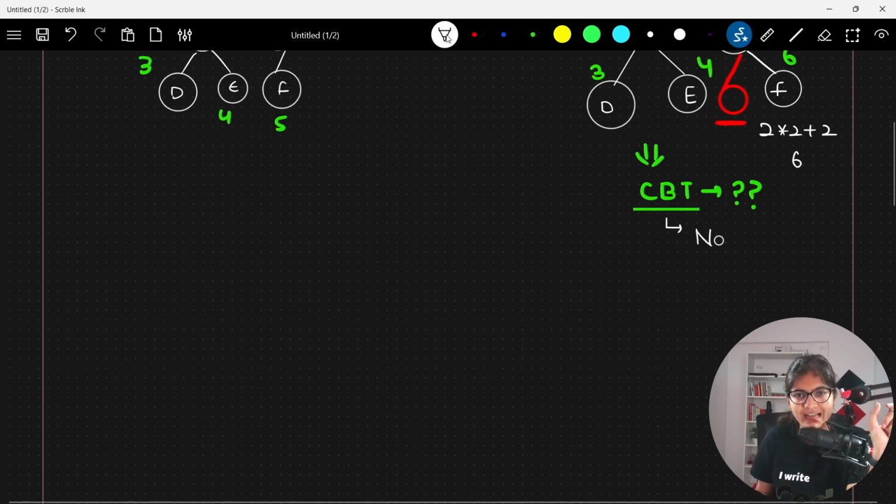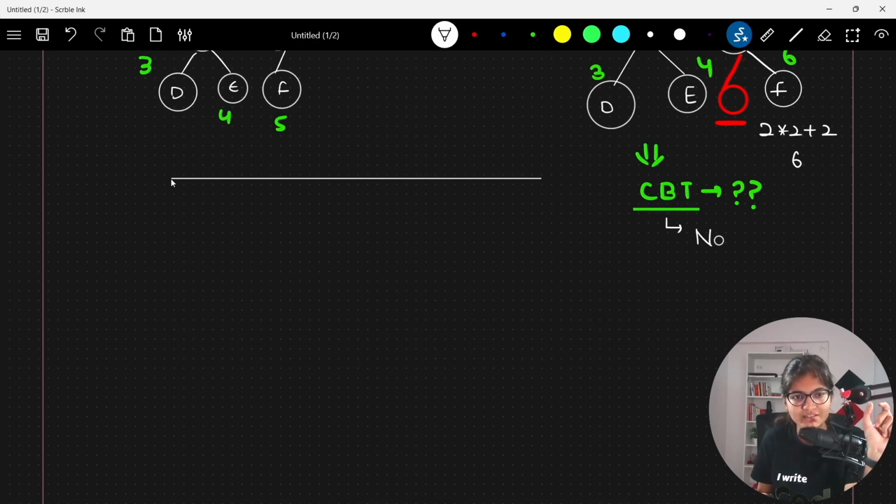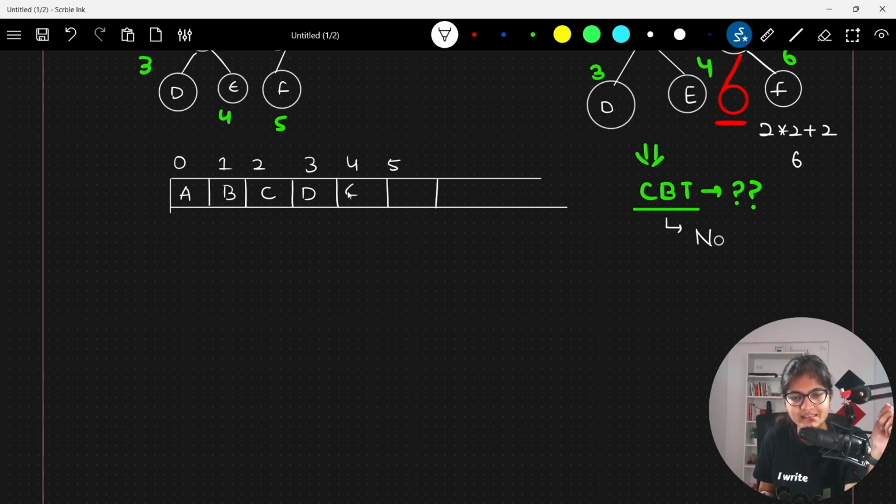So I can store the nodes in this kind of a data structure, 0, 1, 2, 3, 4 and 5. This is the index of the array, and now I can store all the values inside this: A, B, C, D, E and F.